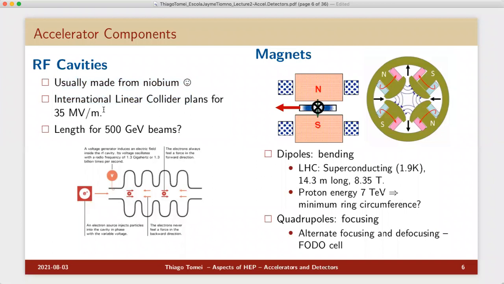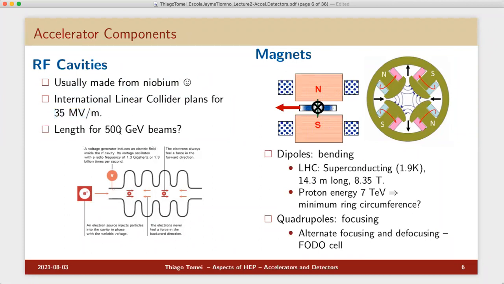And right now, we are getting to the level that these radio frequency cavities will have to be so well constructed and well tuned as to get an accelerating power, or equivalently field strength, of 35 megavolts per meter.